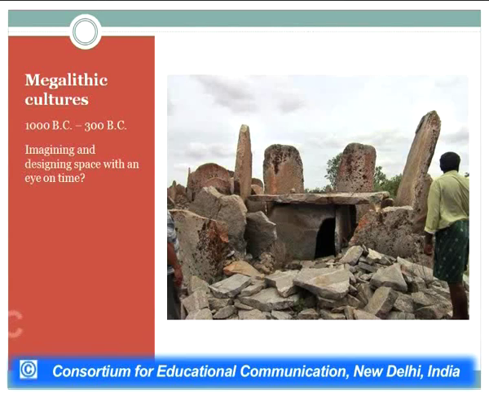This is an Iron Age culture, and this is about a society which is not completely unaware of farming. So they know about food production, they know about farming, but alongside they also engage in pastoral activities.